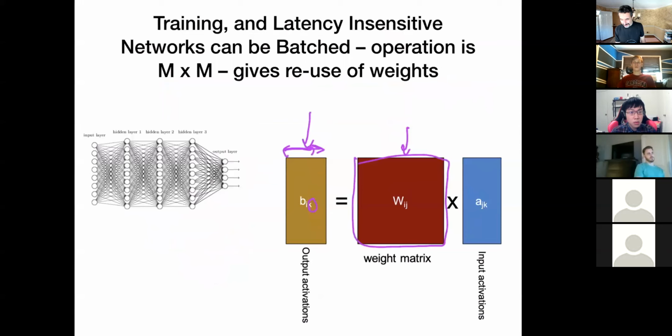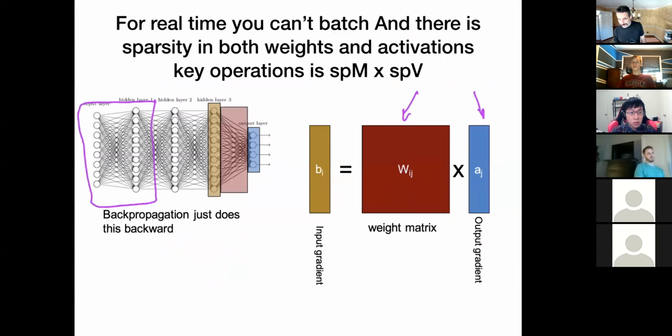So basically now you could do a sparse matrix to a sparse vector multiplication, right? And you know that these sparse operations are a lot more efficient.